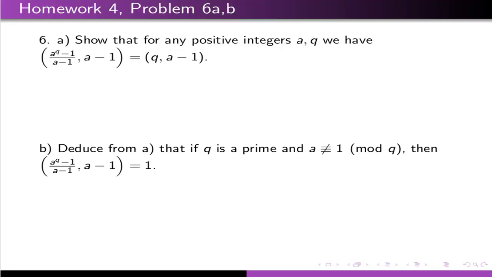Problem 6. Show that for any positive integers a and q, this GCD equals this GCD. And this is just Euclidean algorithm. So just think of performing the Euclidean algorithm on these two numbers, and just write out this number in expanded form like this.